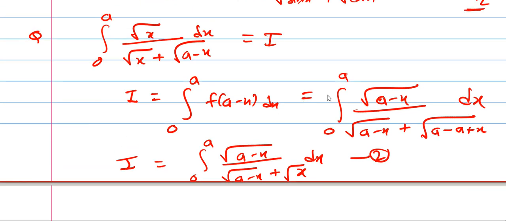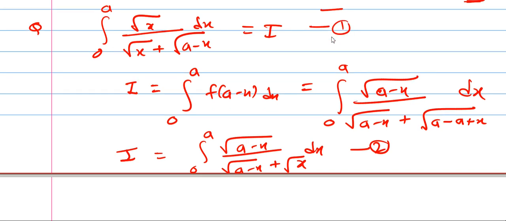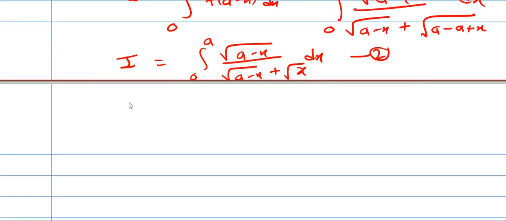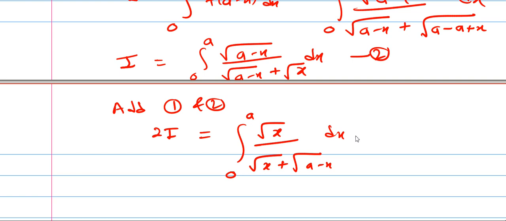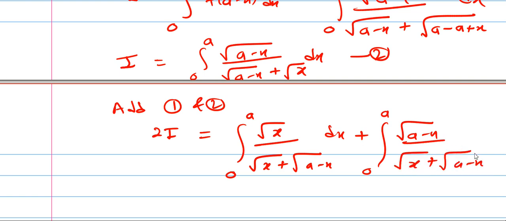So this is equation 1 and this one is equation number 2. Now what we have to do? Add 1 and 2. So I plus I, 2I, and this integration is 0 to a. From equation 1, under root x upon under root x plus under root a minus x. From equation 2, the I value is under root a minus x upon under root x plus under root a minus x dx.